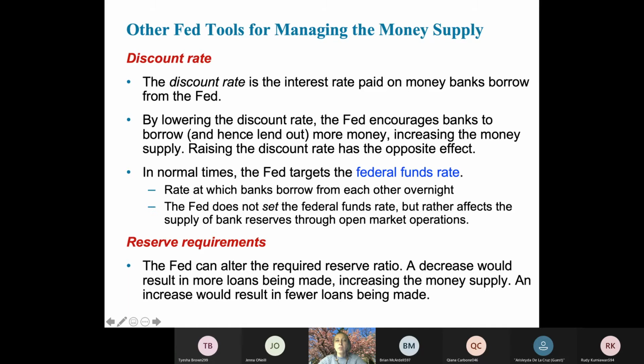They more often refer to the target for the federal funds rate, and they're pretty good at it. So they conduct their open market operations to be consistent with what they announce. If they want the federal funds rate to go up, it will.